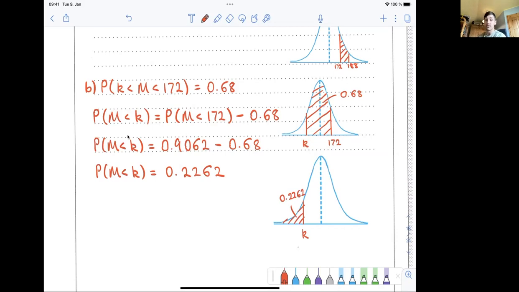Okay, and now with this bit of information, we can go back to our calculator and use the inverse normal function, which will then give us the value of K. I'm going to bring you back to the calculator and show you how we do that.